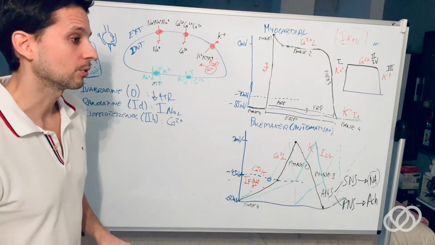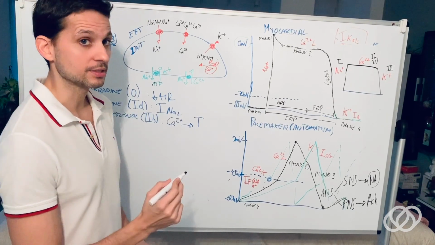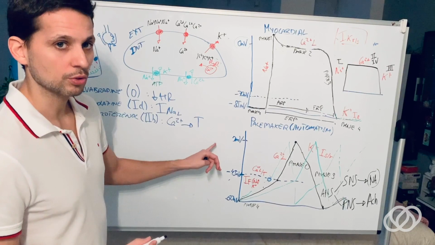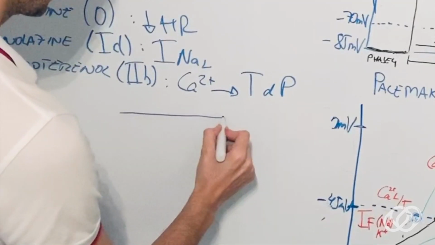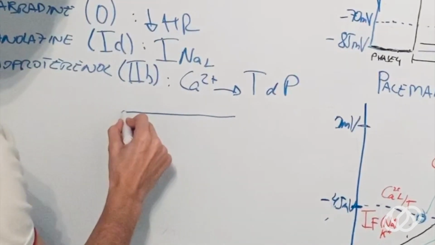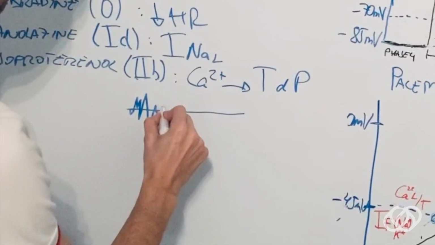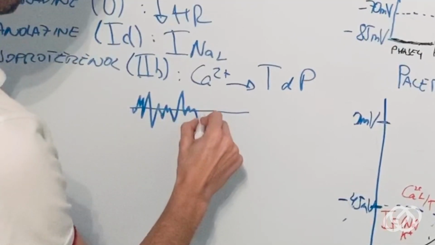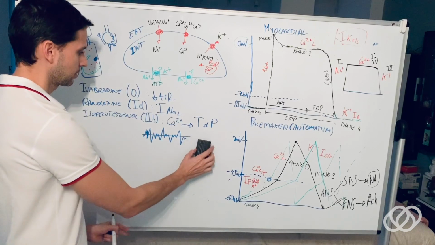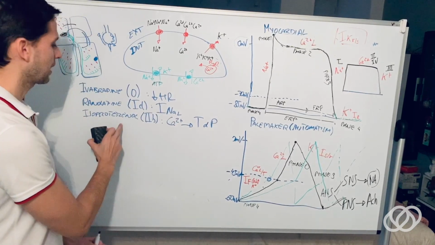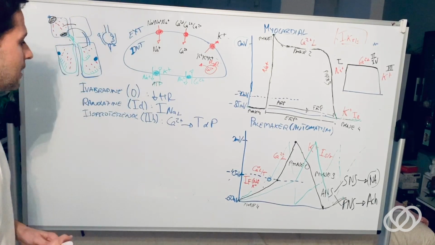So, for example, in a situation where we have a polymorphic VT triggered by these early afterdepolarizations, what is called Torsade de Pointes, a typical polymorphic ventricular tachycardia where the QRS complexes go from one place to another, twisting around the isoelectric line, isoproterenol is useful because it increases the heart rate and can terminate this tachycardia.